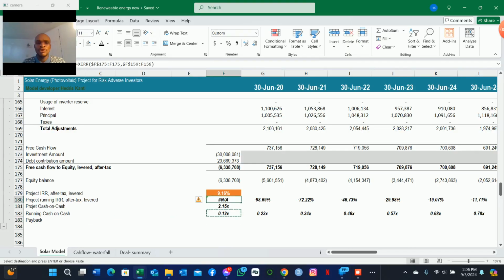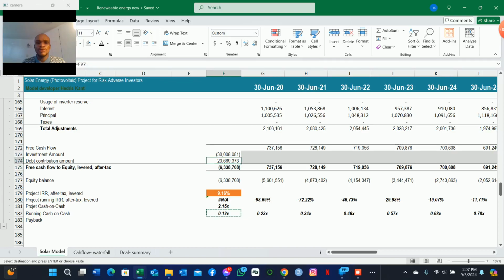Hopefully this gives you an understanding of how the equity returns of this investment might suit a certain class of investors, those interested in preserving capital rather than absolute returns.